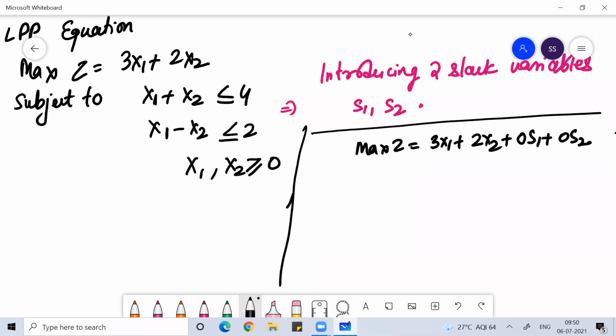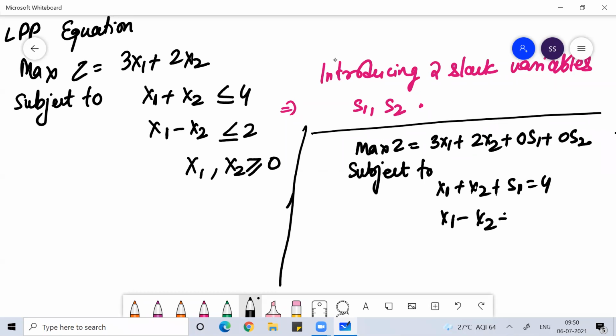Then, subject to the constraints, I'll write x1 plus x2 plus s1 equal to 4 and x1 minus x2 plus s2 equal to 2, where x1, x2, s1, s2 should be greater than or equal to 0.